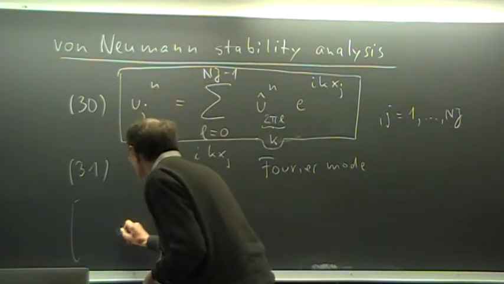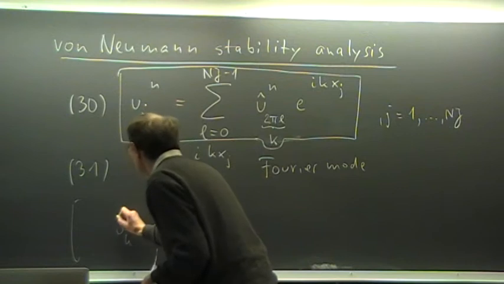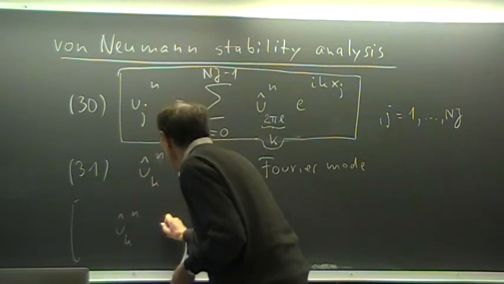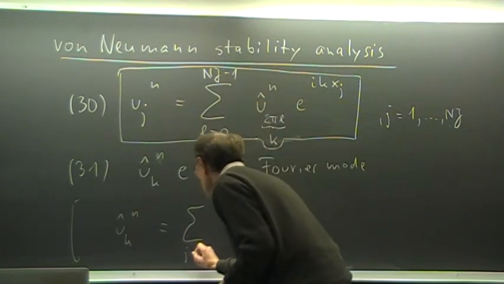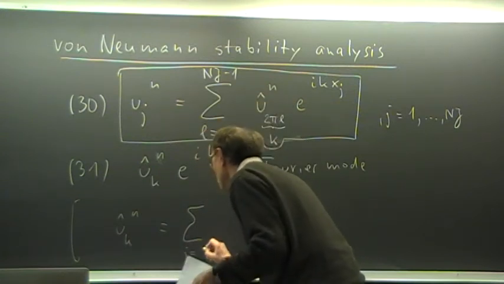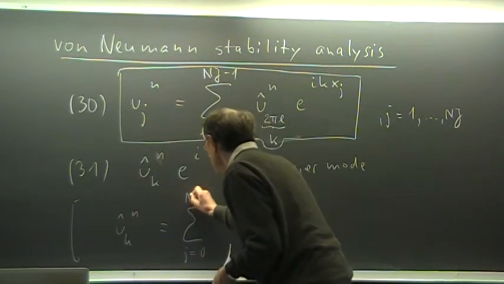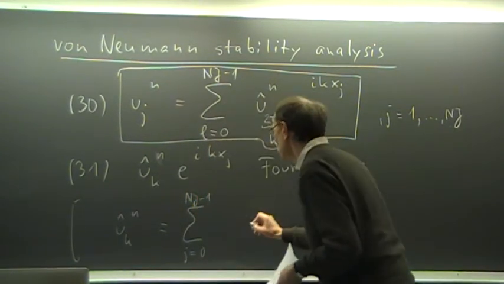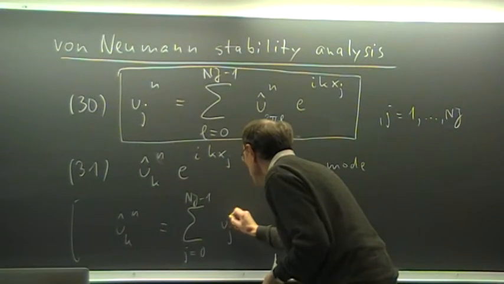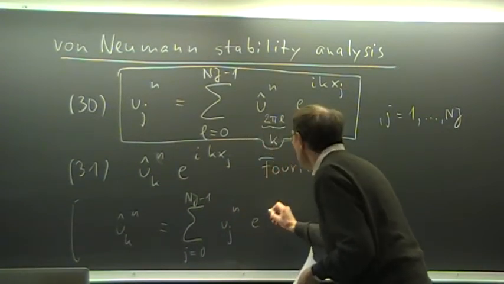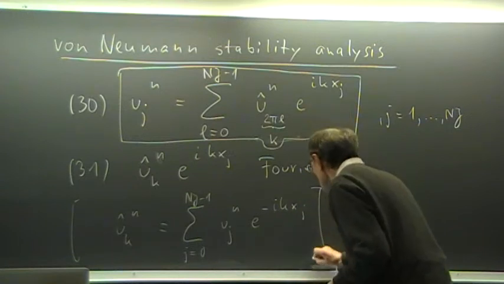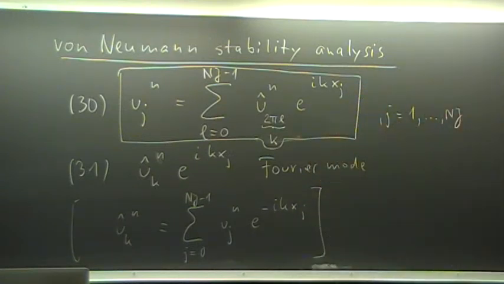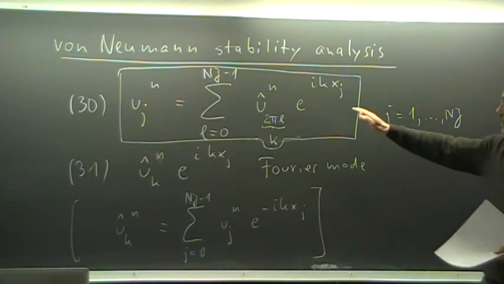Then we would have u_k hat n as the sum over j, from 0 to nj minus 1, whatever we like, of u_j^n e to the minus i k xj. So you can go back and forth. But what we only need is this way.